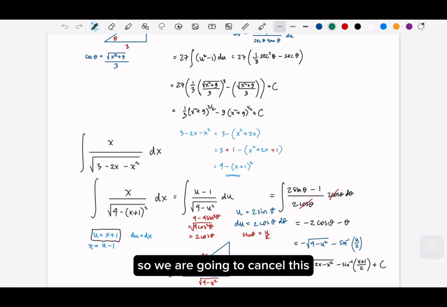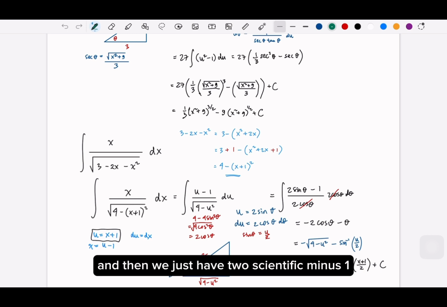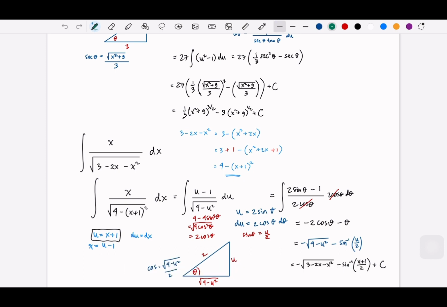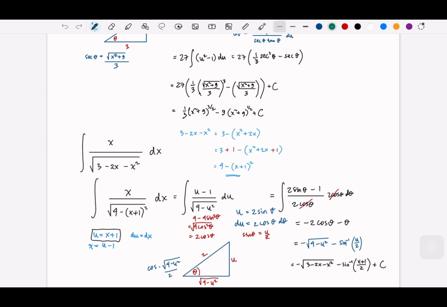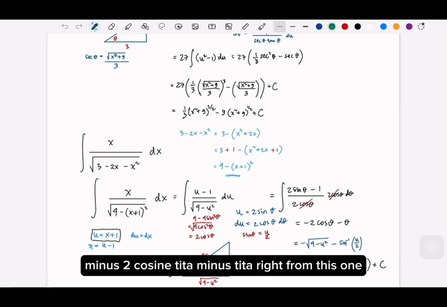So we are going to cancel this. And then we just have 2 sine theta minus 1. And we can integrate easily, right? Sine theta integrated will be minus cosine. So we will write minus 2 cosine theta minus theta, right, from this one.